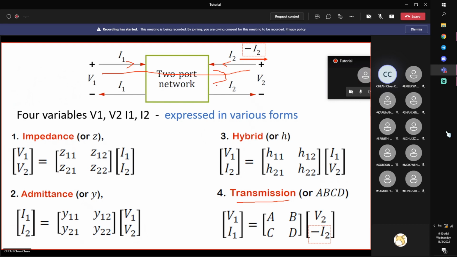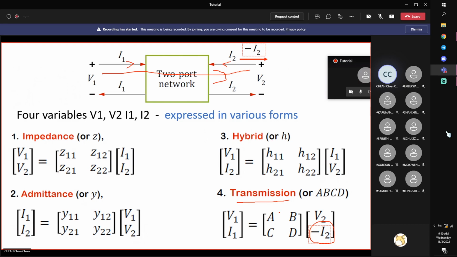Transmission line, for example: you have a power generator, you want to transmit it to a factory, so it has to flow the other way around. Because two-port network is defined by default with inflow as positive, in this case we need to invert it. If inflow is positive, then outflow will be negative. Therefore, we put negative I2 in the transmission model just to indicate that we want to flow from left-hand side to right-hand side, port 1 to port 2.